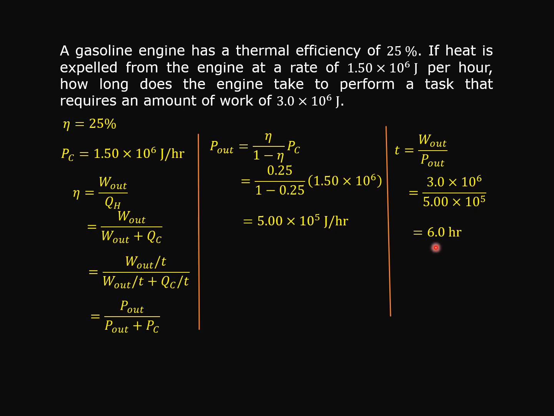We'll get the answer, 6.0 hours. So this is the time required for this gasoline engine with thermal efficiency 25% to produce this amount of work done. It needs 6 hours to produce this quantity of work.